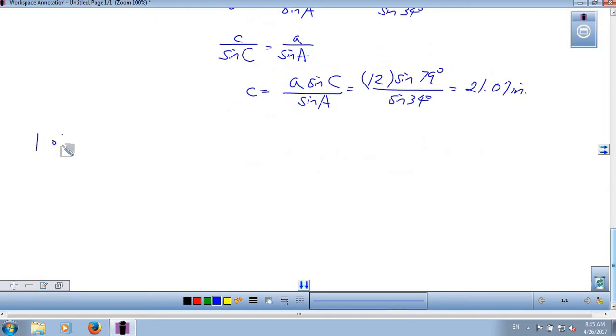This is called Mollweide's formula. Formulas to check the solutions, because this way we will be able to ascertain what we got is actually true.